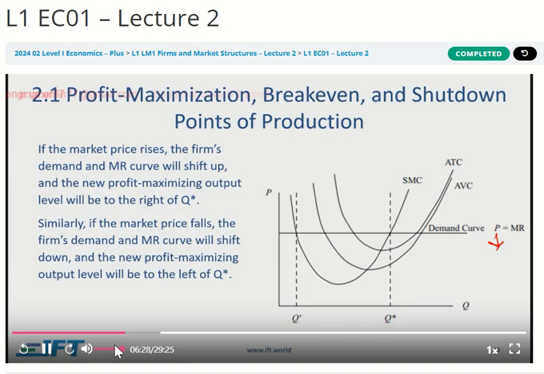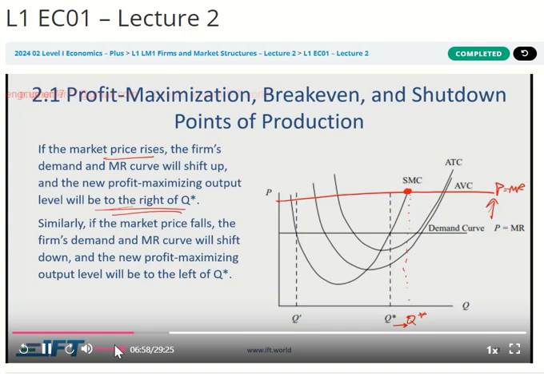See, here, first, let me take you through two scenarios where, let's say, the market price rises. If market price rises, and let's say this is the new price, then this is where the MC is going to equal MR, and therefore your quantity of profit maximization will increase, right?